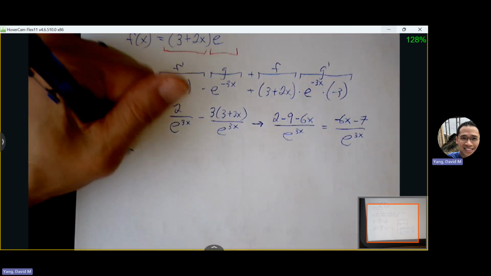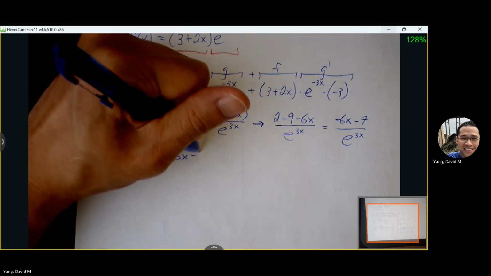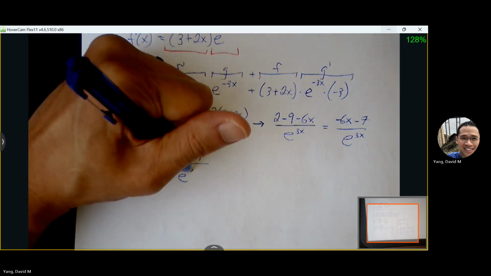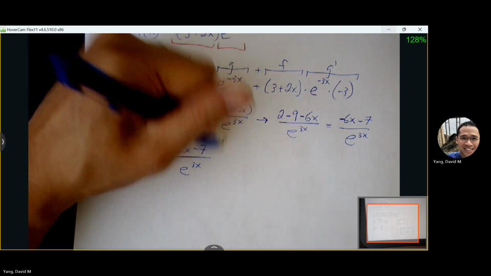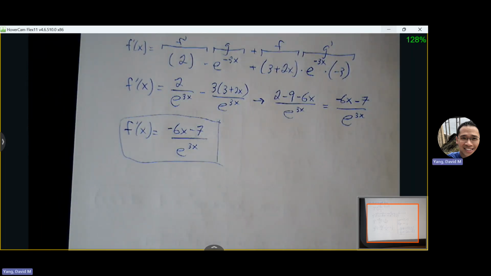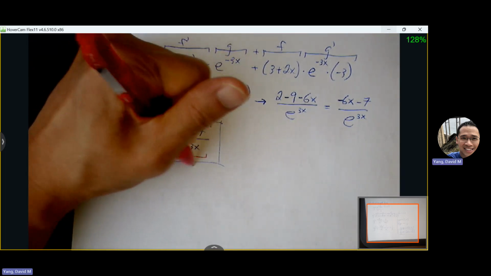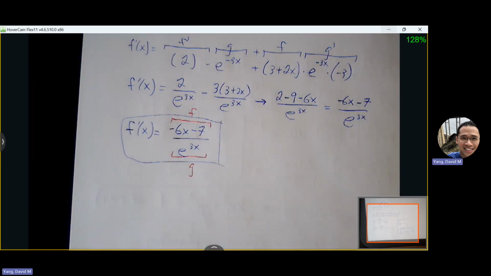All right, so here's our halfway point. Okay. To find the second derivative, I'll go through quotient rule. There's my f, there's my g, f prime g minus f g prime all over g squared.